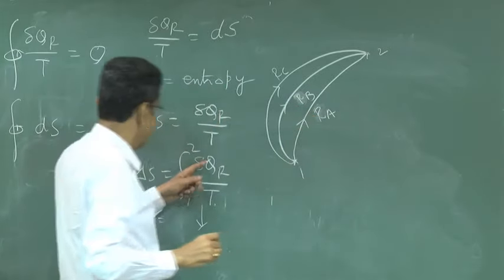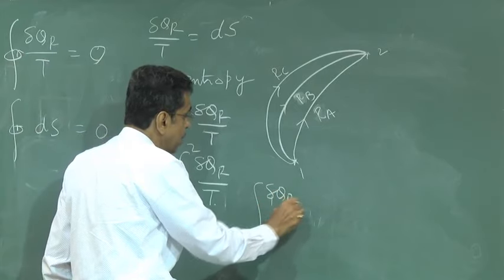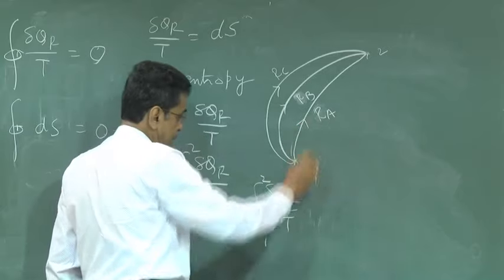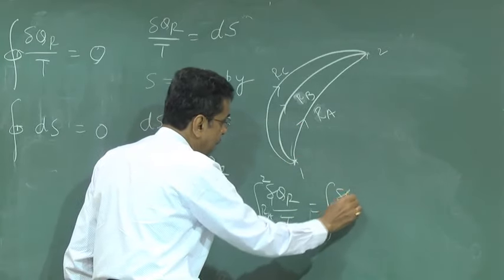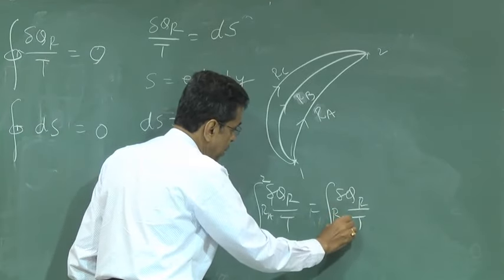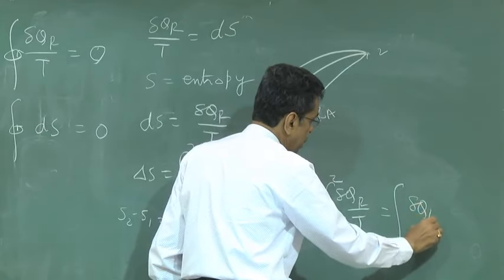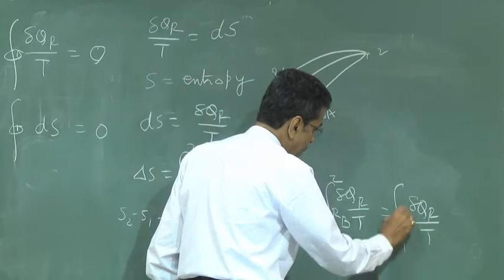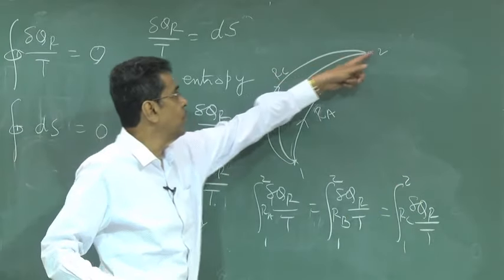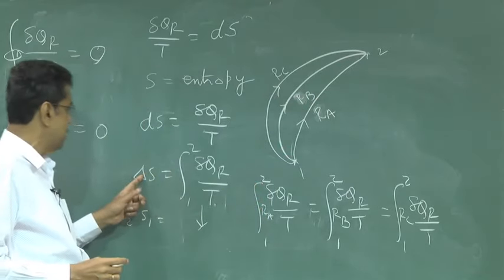The value of this will be the same, which means the integral of δq_R/T through 1-R_A-2 equals the integral through 1-R_B-2 and equals the integral through 1-R_C-2. That means whichever path we follow, if it connects the two points, this integral is a point function.